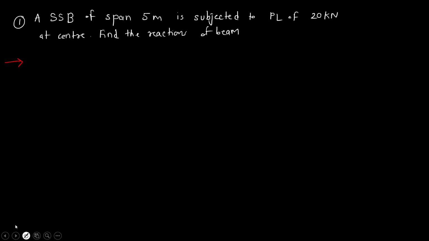So first we will draw the beam. So this is the beam. Now this beam is simply supported. That means this support is a hinge support and this is a roller support.